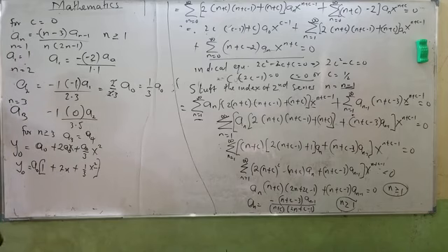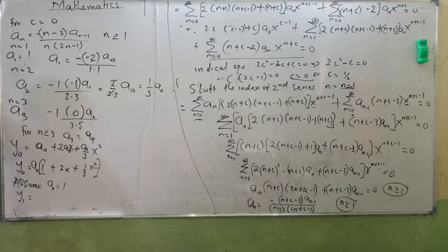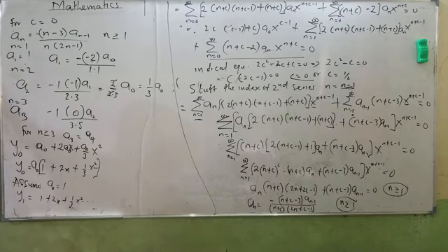Now, since I have that, assume that a naught equals 1. If my a naught equals 1, it means a1 will be equal to 1 plus 2x plus 1 all over 3x squared, and so on and so forth. Now that is what we need to do there.